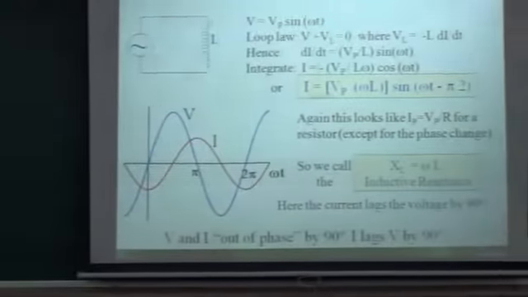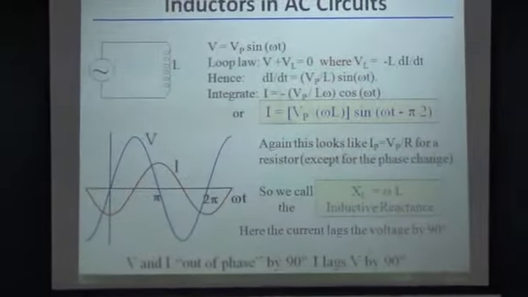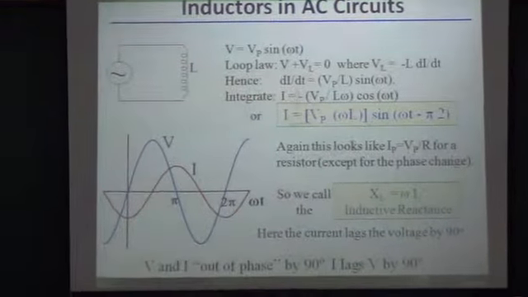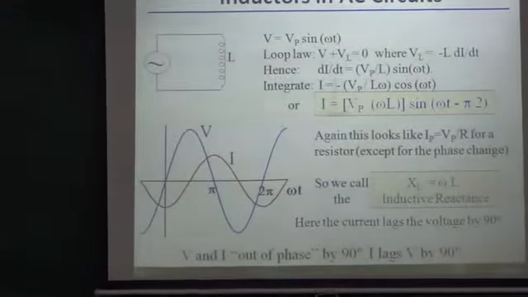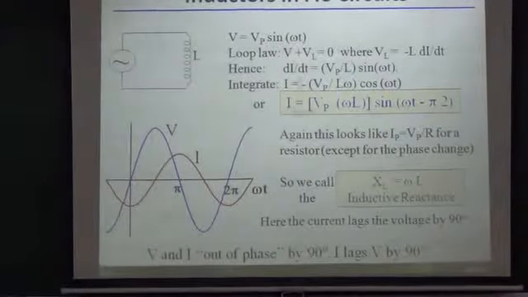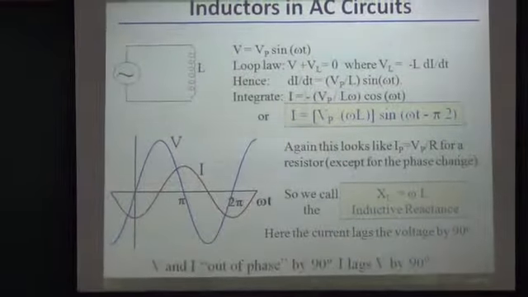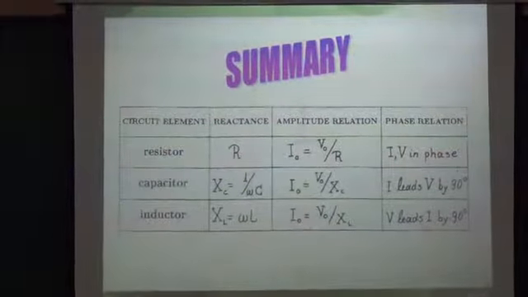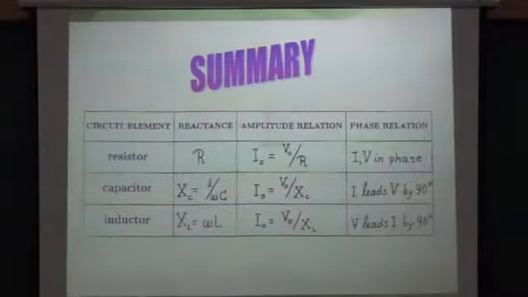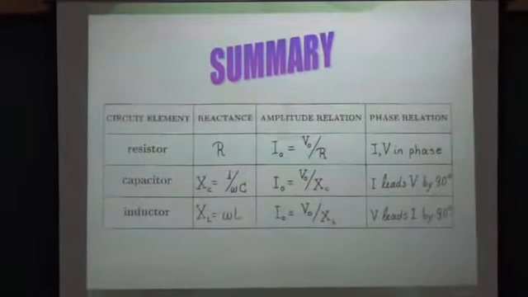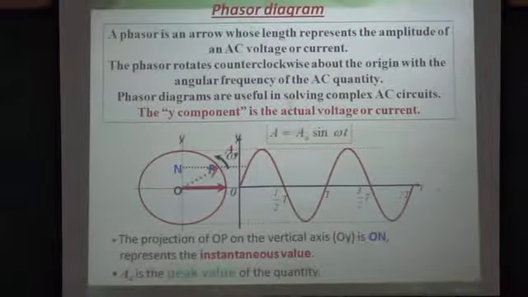And when I combine both resistance and reactance, I get impedance, and now there will be a phase which will be different from 0 and pi. So this is what we have to remember, and with this we will go for different possible combinations.